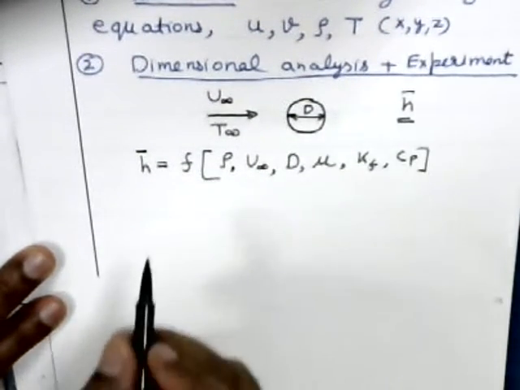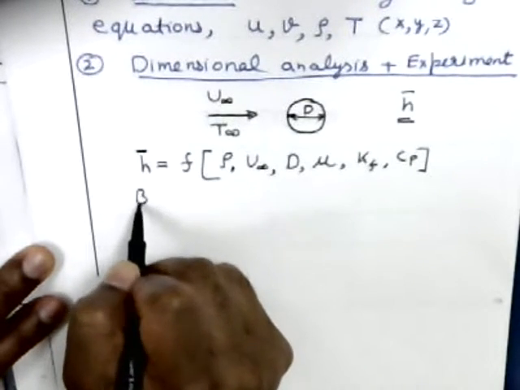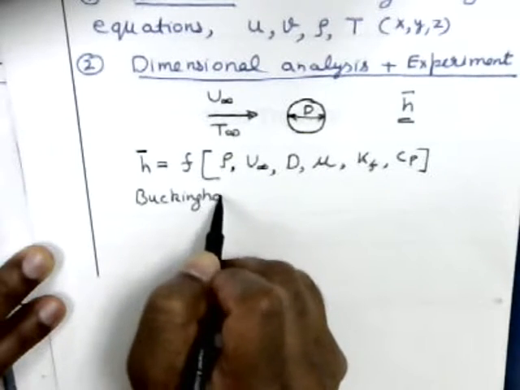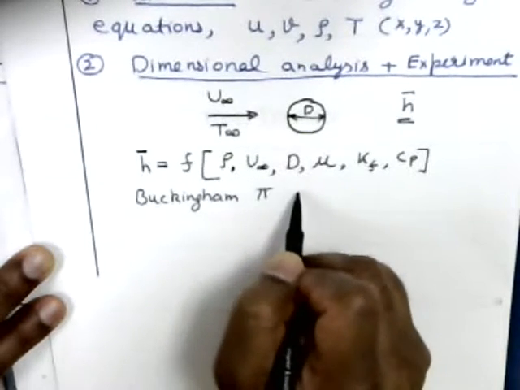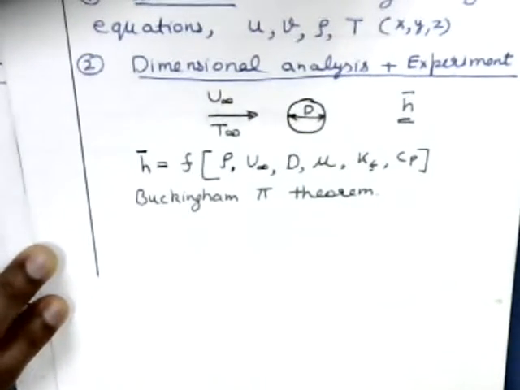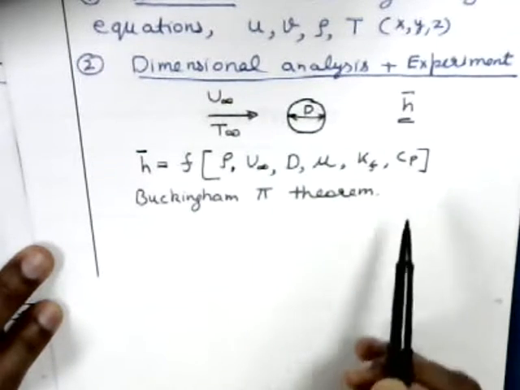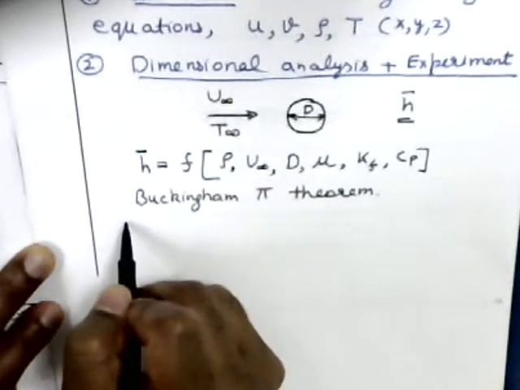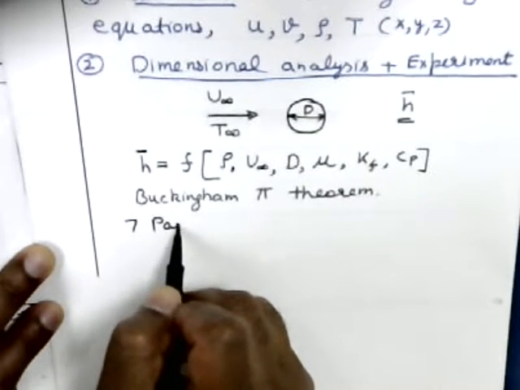And you remember from fluid mechanics, we have the Buckingham pi theorem. We can use that to non-dimensionalize these. So in this case, you see we have 1, 2, 3, 4, 5, 6, 7. There are 7 parameters.